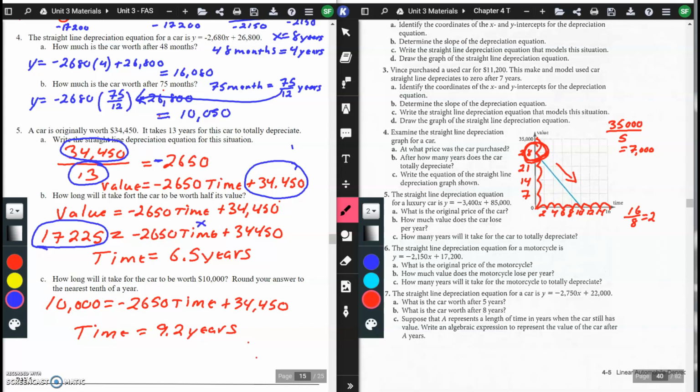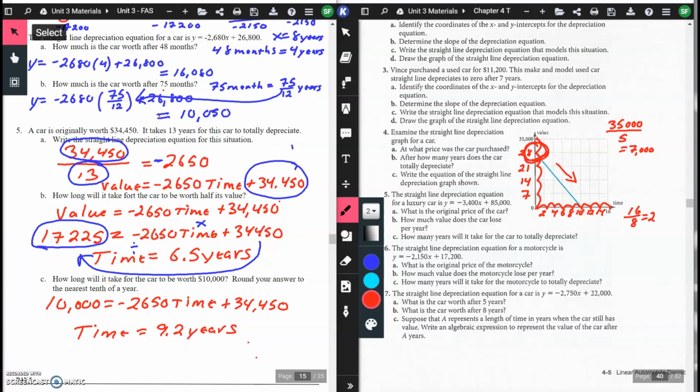Remember, x was our time. So again, solving a two-step equation. Subtract the 34,450 on both sides, then divide by negative 2650 on both sides, and that'll give you your time. Your time would be 6.5 years.